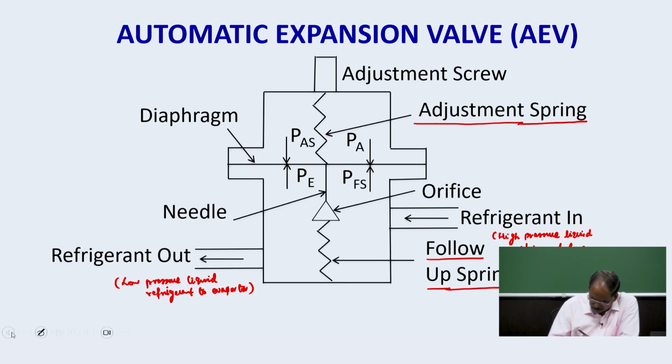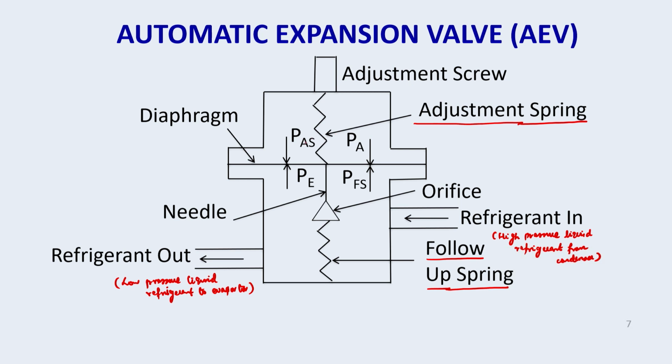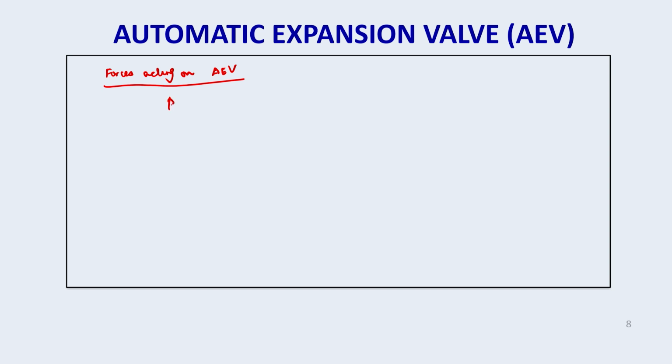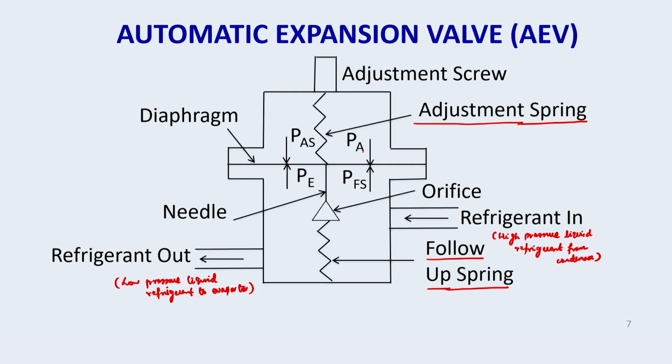If you see the diagram, this is the pressure force acting per unit area, so I have used the letter capital P. Pressure due to adjustment spring, PAS. Next one is PA, that is atmospheric pressure.